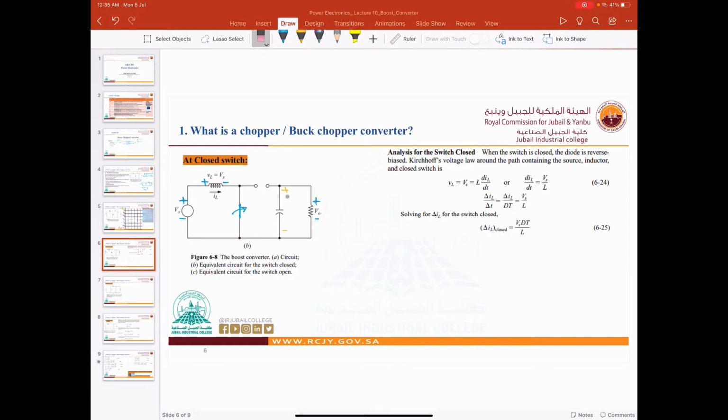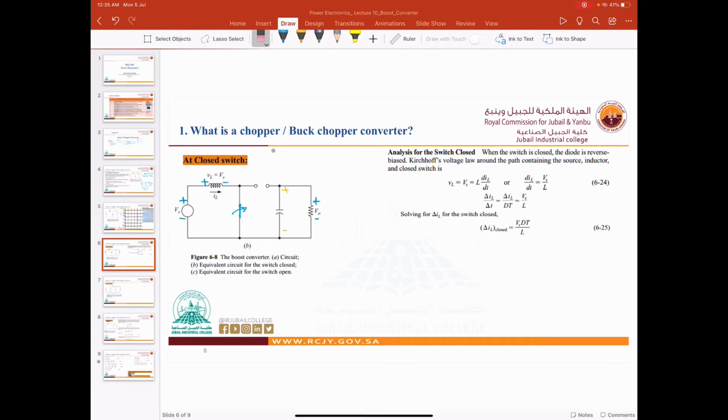So here IC is equal to what? I output, I out. So in case of switch closed, the inductor is charging, and the capacitor will supply the load, with a small current, of course.